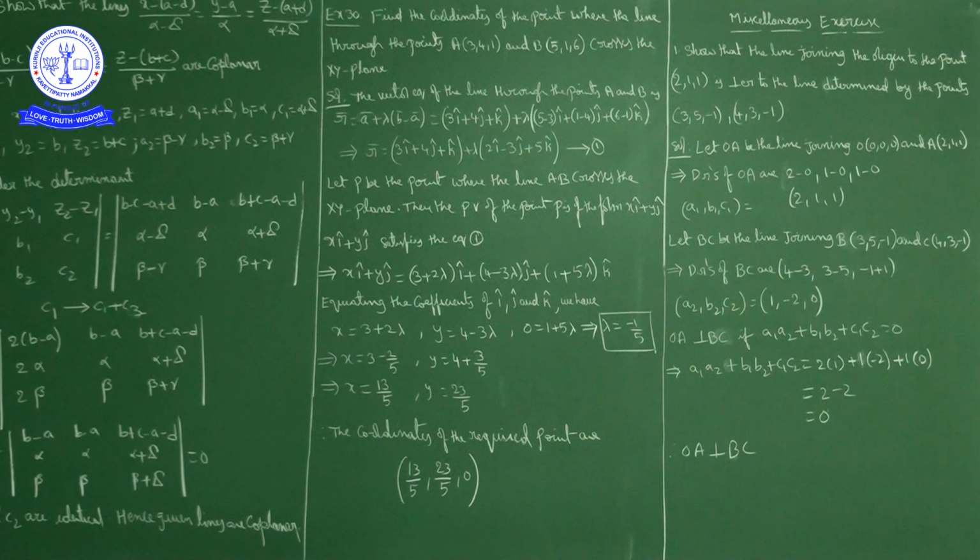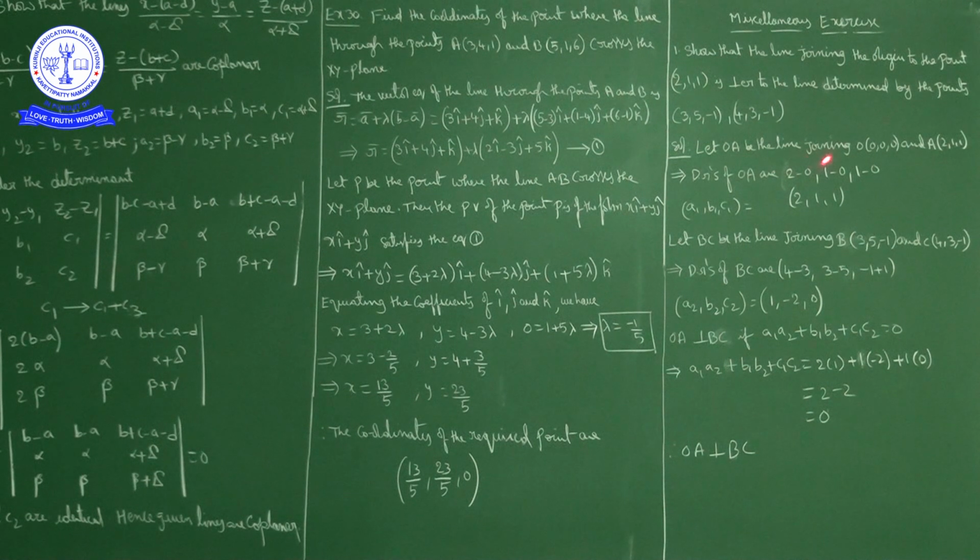Okay, to show that two lines are perpendicular to each other, first find the direction ratios of the first line and the direction ratios of the second line. Suppose the direction ratios of the first line are A1, B1, C1 and the direction ratios of the second line are A2, B2, C2. Two lines are perpendicular when A1 A2 plus B1 B2 plus C1 C2 is equal to 0. Now first of all, the line joining the origin and the point (2, 1, 1).